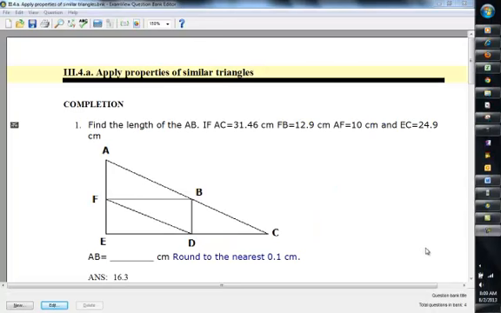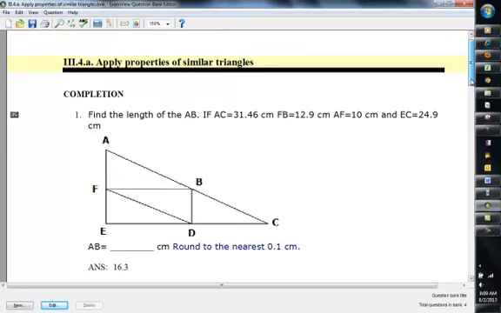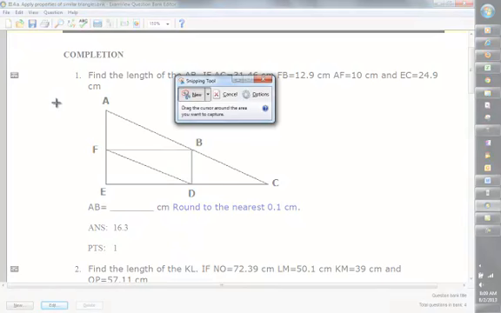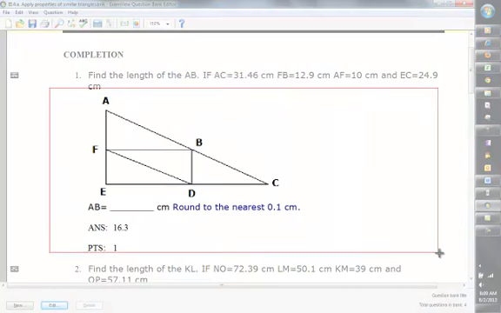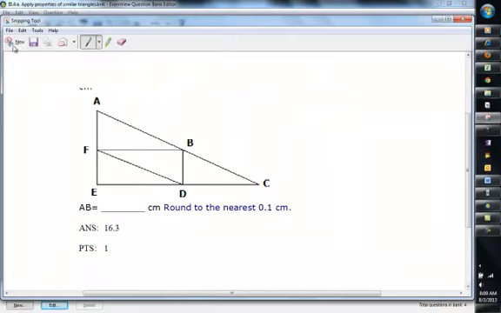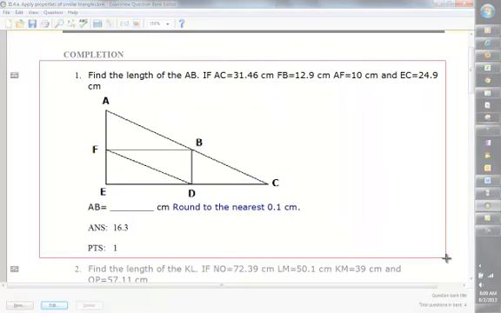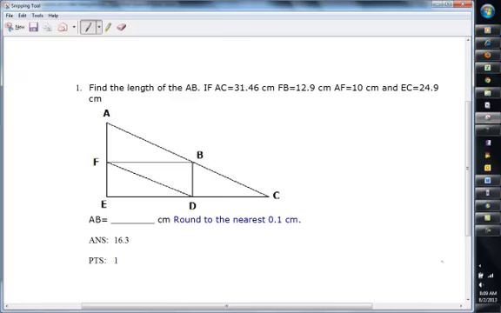Besides scale factor, we also need to know how to find the lengths of sides of triangles that are similar. So let's look at this question again. Find the length of A to B. So we're looking for this length.